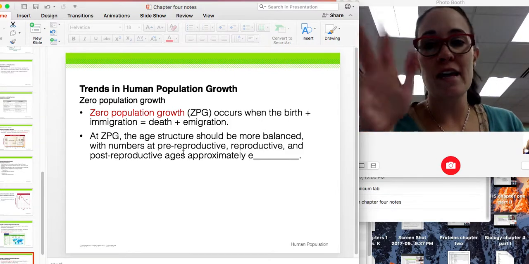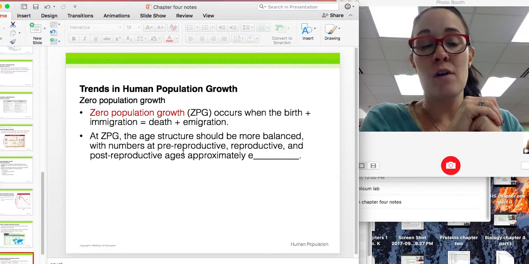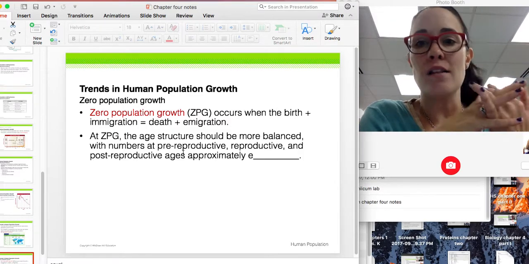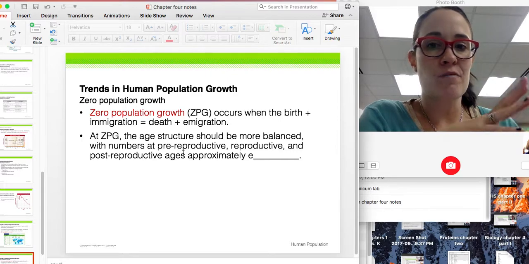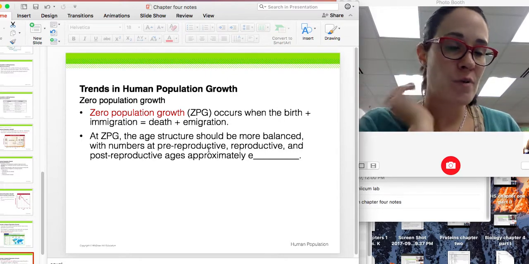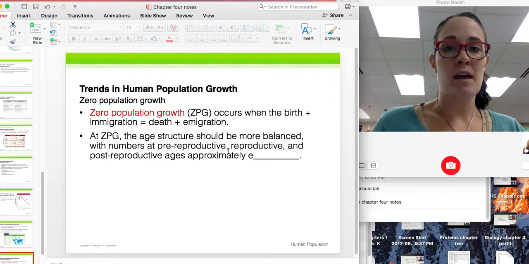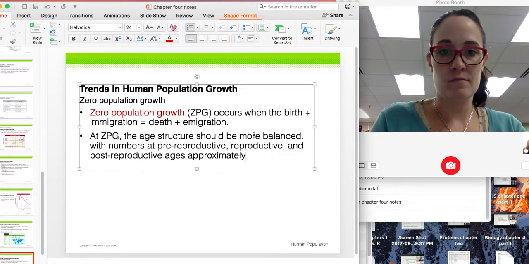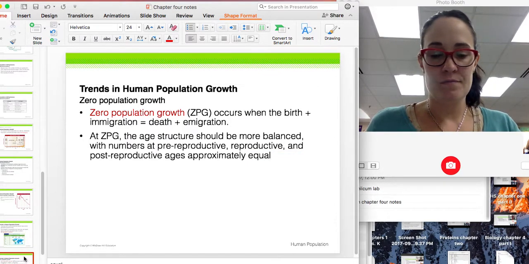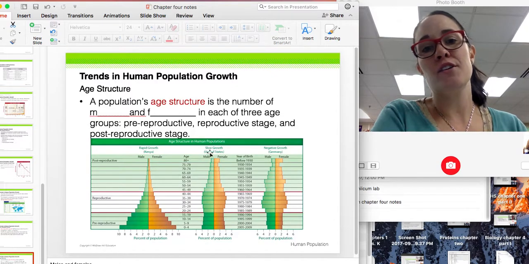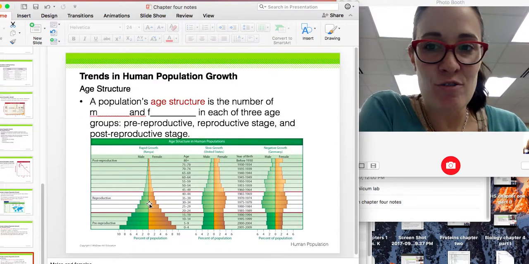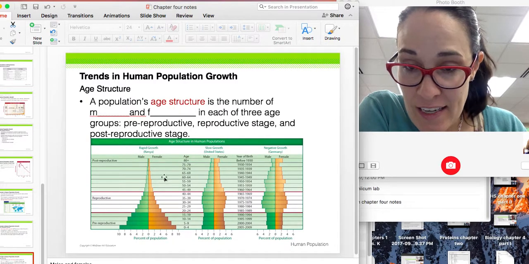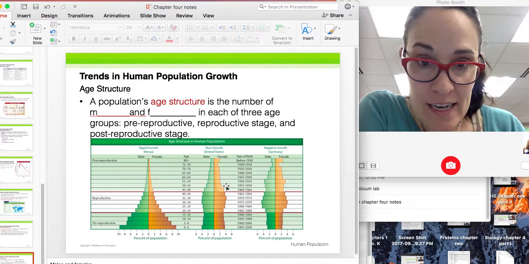When that happens, the age structure, meaning the number of people in their 30s compared to people in their teens, etc., should be more balanced, with numbers of pre-reproductive, so we're talking little kids, reproductive age, and post-reproductive age approximately equal. And this creates another graph, which is called an age structure graph. A population's age structure: we can look here, this is Kenya, this is the United States, and this is Germany.